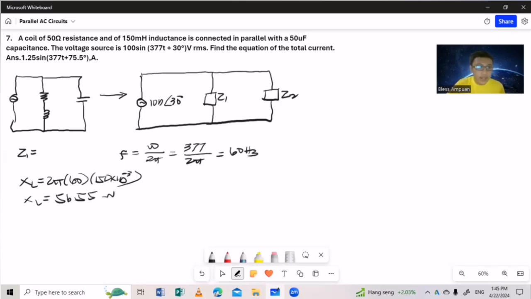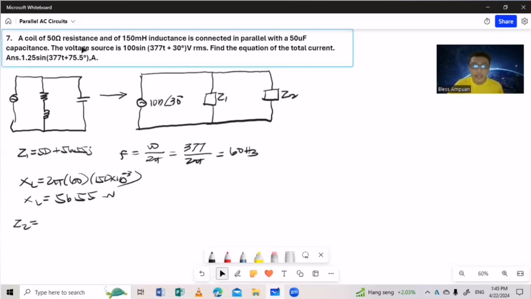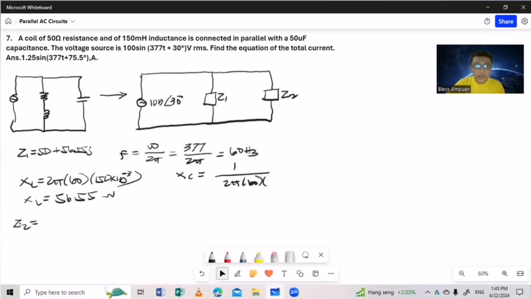So our Z sub 1 is equal to 50 plus J56.55 for the inductive part. For our Z sub 2, as we observe in the circuit diagram, it is a pure capacitive, so first we need to get our X sub C. It is 1 over 2 pi times 60 hertz times our capacitance of 50 times 10 raised to negative 6.